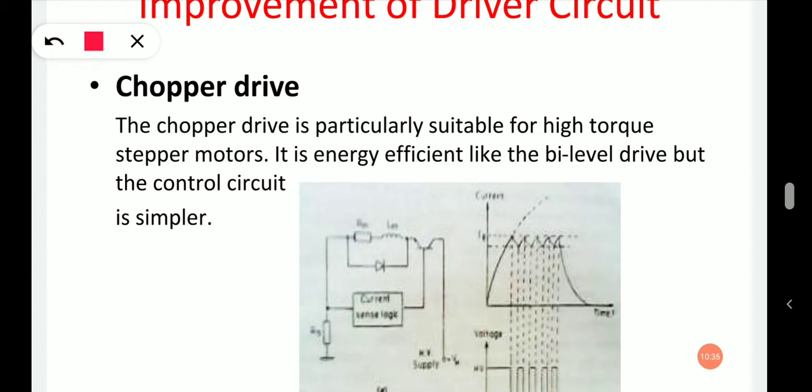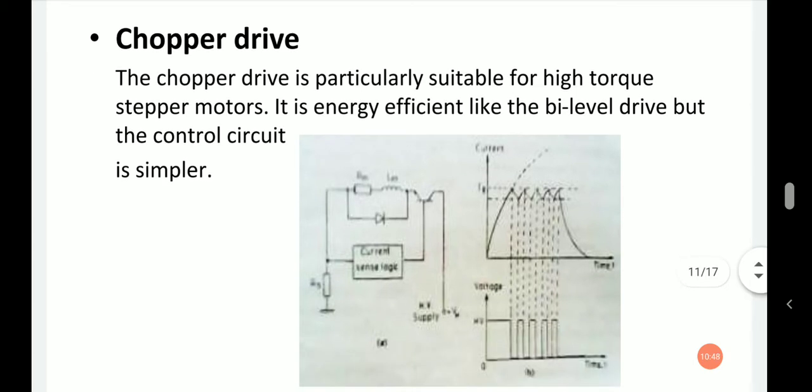A higher voltage 5 to 10 times the rated value is applied to the phase windings as shown in the figure. So here 5 to 10 times rated value is applied to the phase winding.